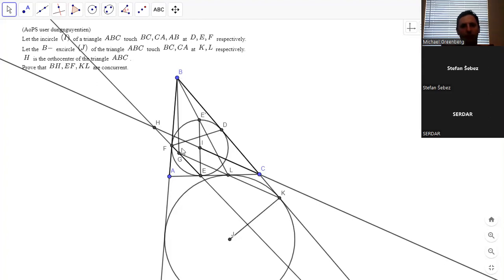Okay, so you're defining G as the intersection of the perpendicular from B to EF. Okay, and then you want to show those are parallel.